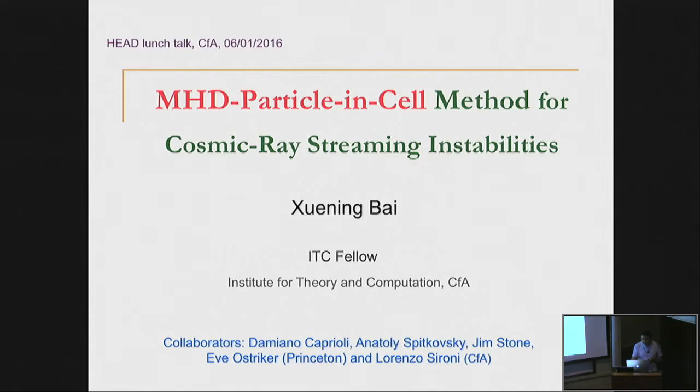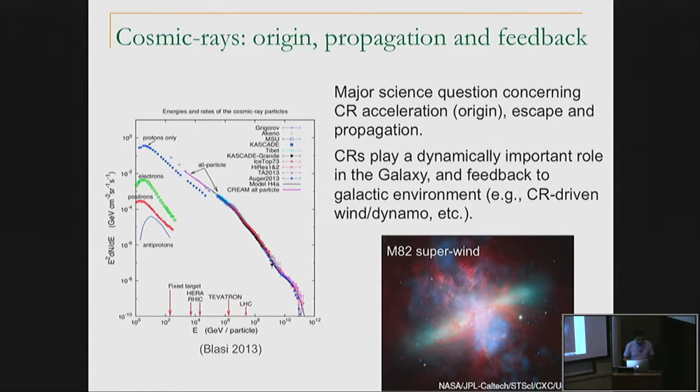So cosmic rays are energetic charged particles that are basically all over the space, and we have known cosmic rays for over 100 years with plenty of data. Basically the open questions are the origin of the cosmic rays, how are they accelerated, how do they escape from the acceleration site, and how do they propagate through the ISM and beyond.